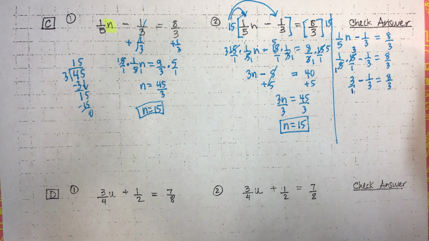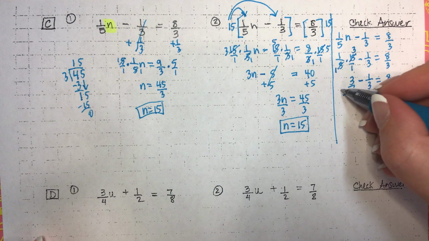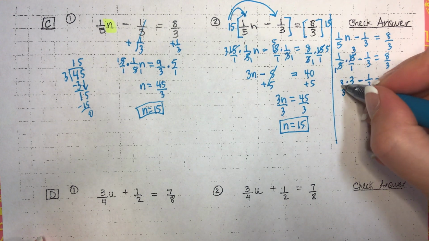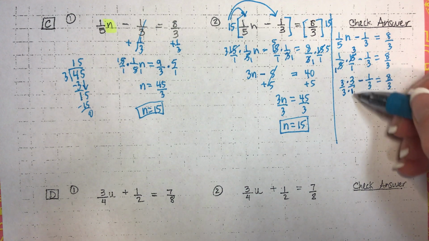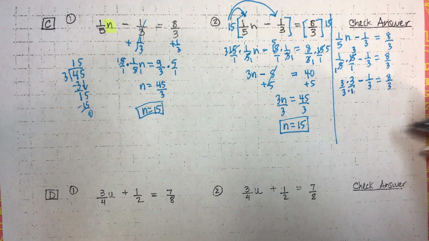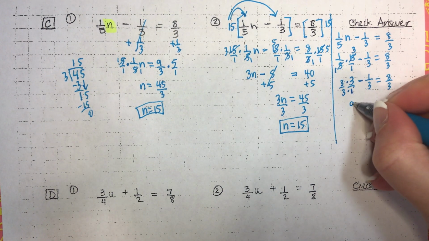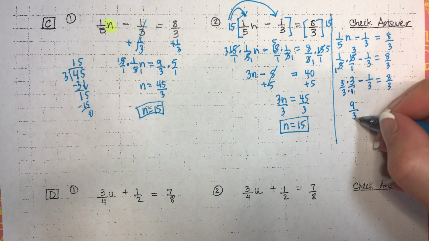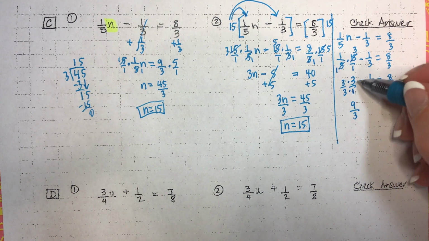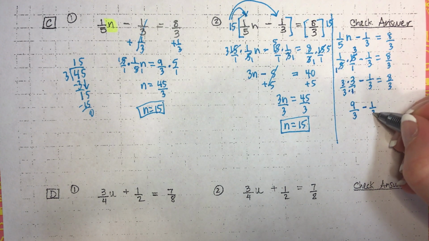We need to make this into a 3, and we do that by multiplying 1 by 3. Whatever we do to the bottom, we have to do to the top, because 3 divided by 3 is 1, and 1 times this is going to be the same thing. It's just written in a different form. So 3 times 3 is 9 over 3 times 1 is 3. I rewrite this. See, 9 divided by 3, that's the same thing as 3. They're equivalent, just a different way of writing it.